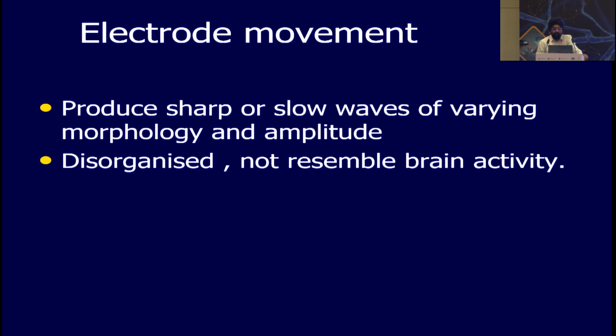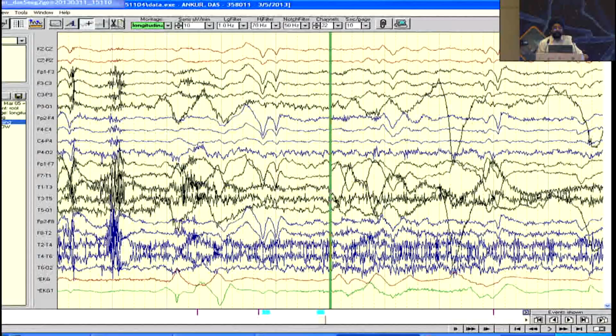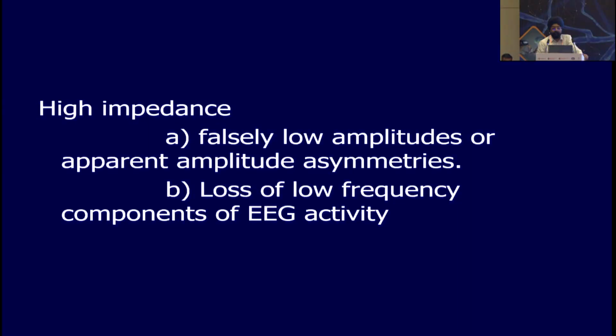Now electrode movement. Sometimes electrode movement can produce sharp or slow waves of varying morphology and amplitude. It's disorganized and does not resemble any brain activity. So this is electrode movement. It's a bizarre movement of the electrodes, not of any particular frequency, along with some movement artifact or myogenic artifact from the patient.